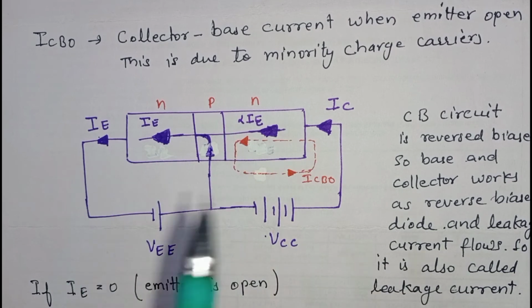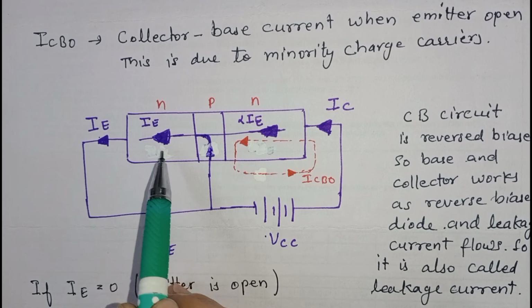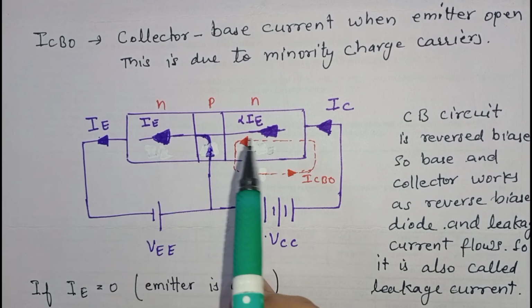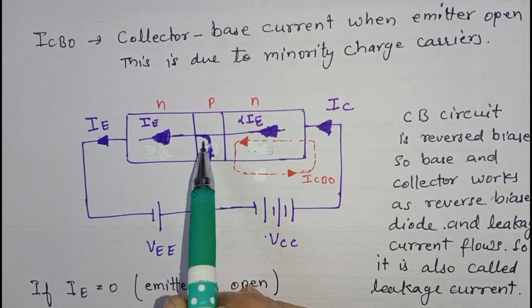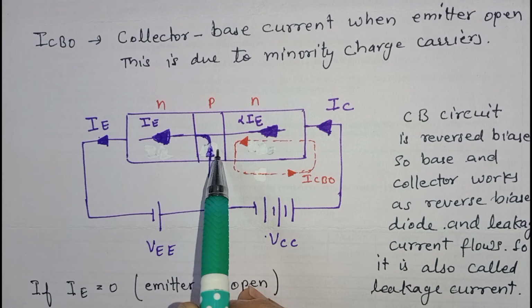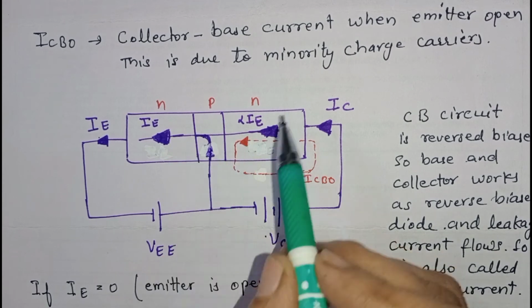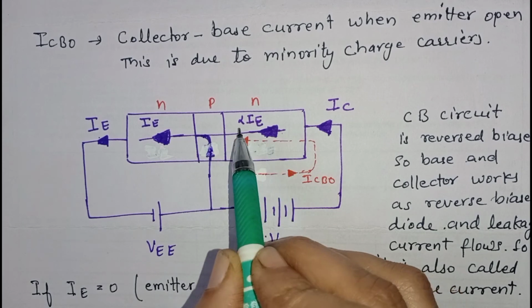This is an NPN transistor and here the emitter current is IE because it is due to charge carriers flowing in the emitter region. Then these charge carriers go to the base region and some combine with the charge carriers here, so it constitutes the base current, and the rest, the majority charge carriers, go into the collector.